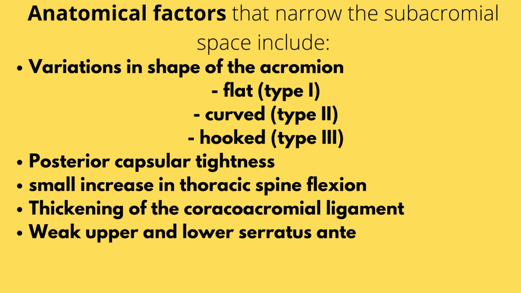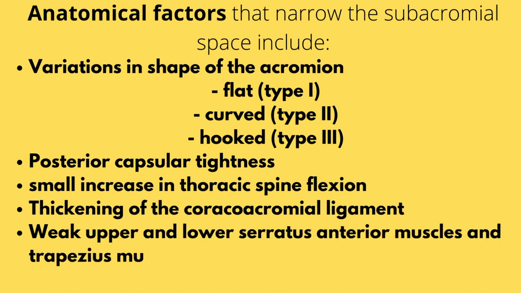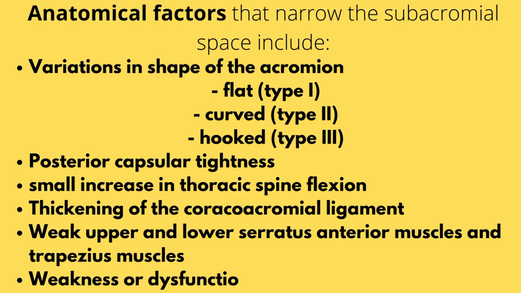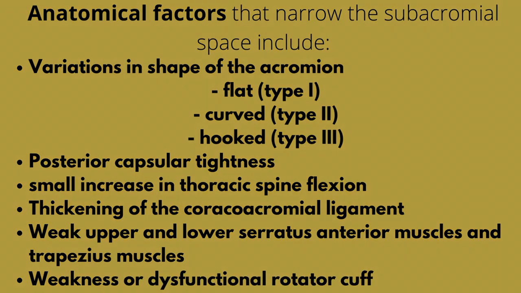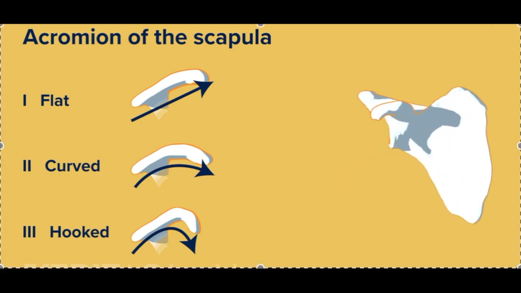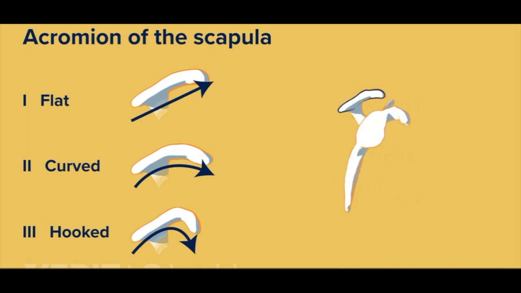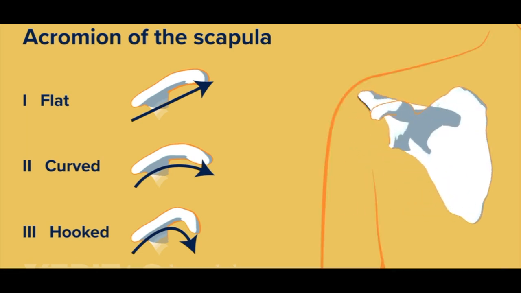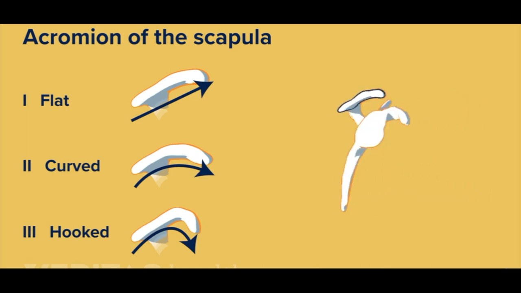The acromion is that part of the bone that articulates with the clavicle. And there are three types of shapes that we see in people who are affected by the subacromial impingement syndrome. There is shape number 1 or type 1, which is the flat shape, or shape number 2 or type 2, which is a curved shape, and shape number 3 or type 3, which is also called the hooked shape.